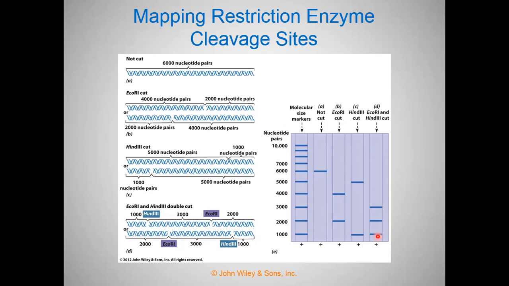And why are we not obtaining the 5000 base pair fragment? Because the EcoR1 is cutting in between the 5000 fragment. So that's why 5000 cannot be obtained.